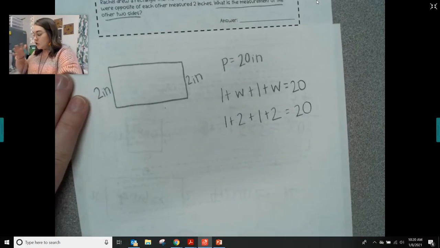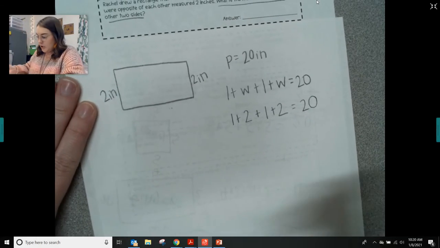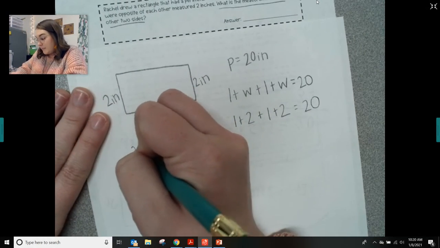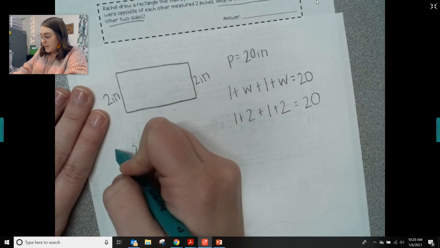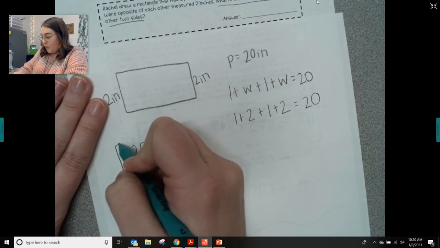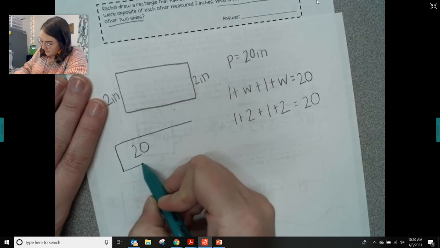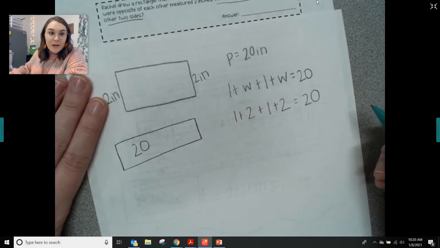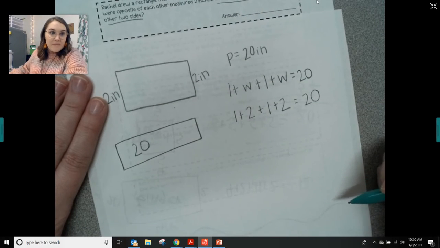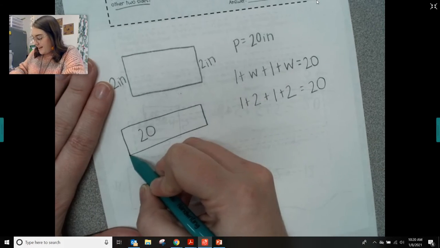So let's try it. Let's just take a shot in the dark. So if I take the perimeter, and I just want to think of this as the whole, like on a strip diagram. Do y'all remember these?